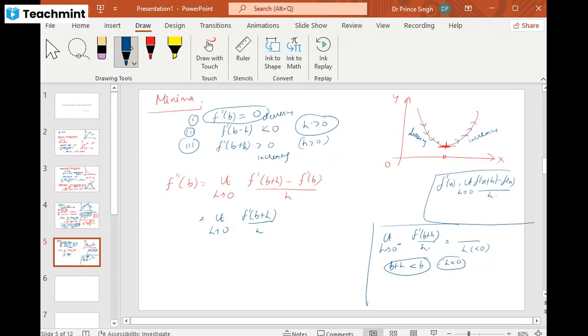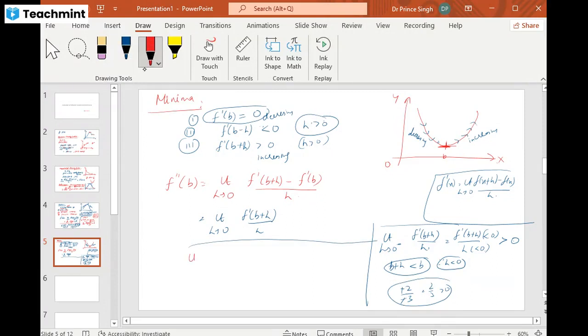So in the left neighborhood of a point, your function is decreasing. So it means that f dash b plus h is also less than 0. The ratio of two negative numbers, like minus 2 upon minus 3, is 2 by 3, which is positive, right? So the ratio of two negative numbers is positive, so it should be greater than 0. This is the case of the left neighborhood of a point.